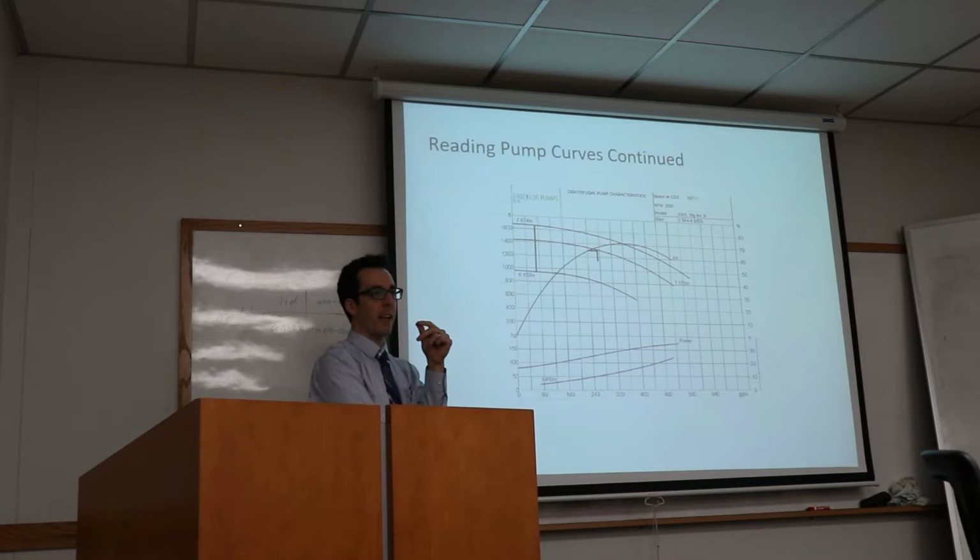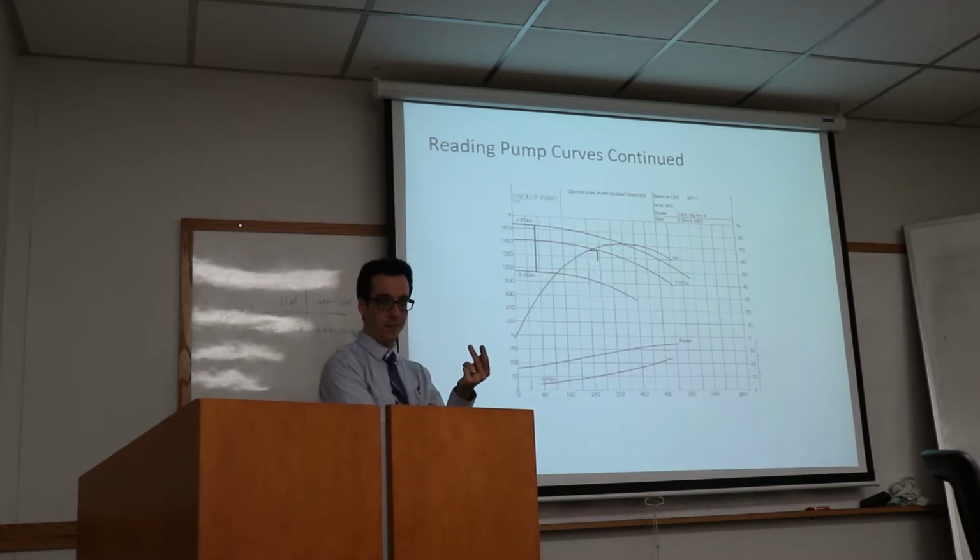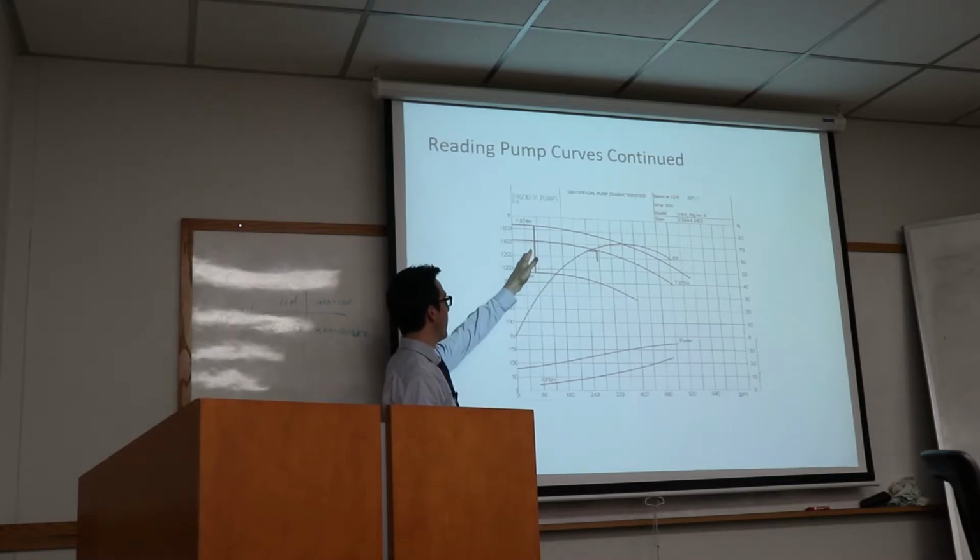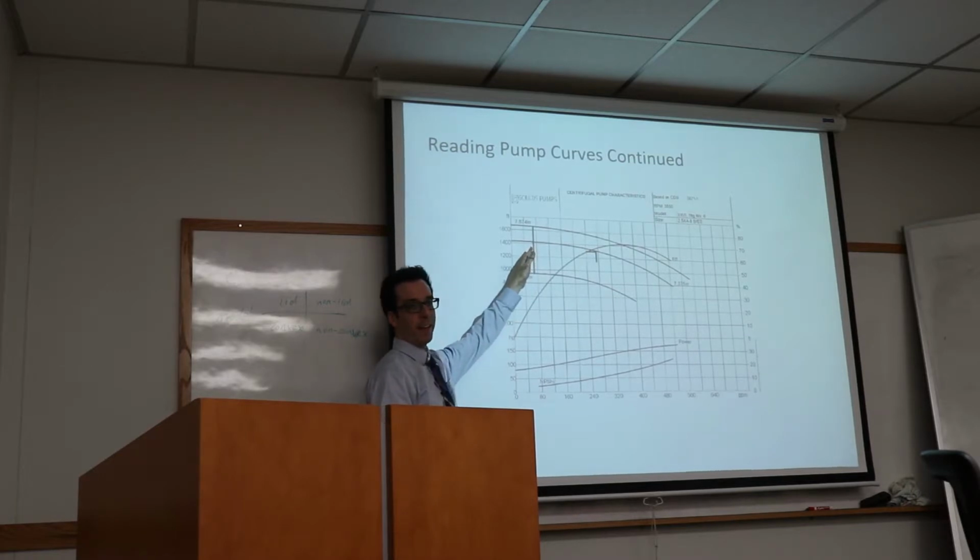I should mention here, relative to my point at the beginning, where I said that pumps are devices that turn electricity into a combination of flow and head, this graph, a pump curve, shows what that trade-off is between flow and head. So here you have low flow but high head. You can pump a little water a long way if you're on this part of the curve, okay?